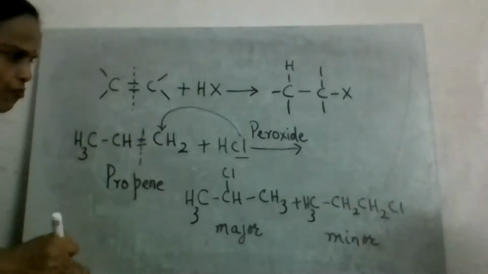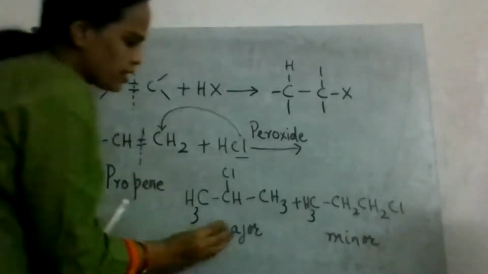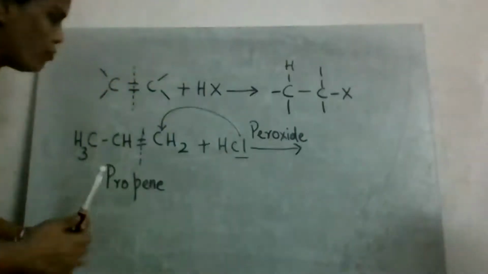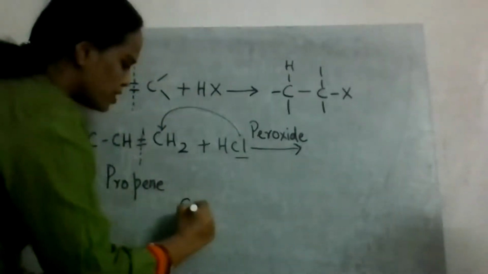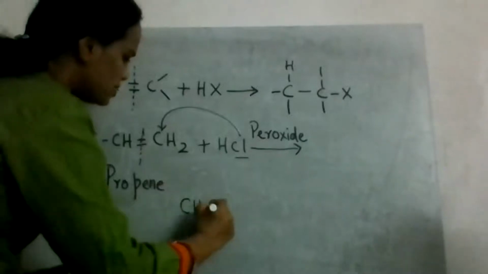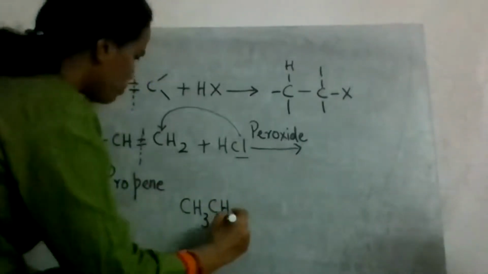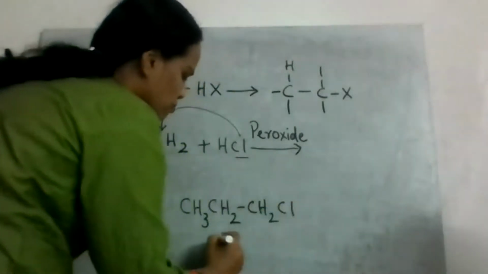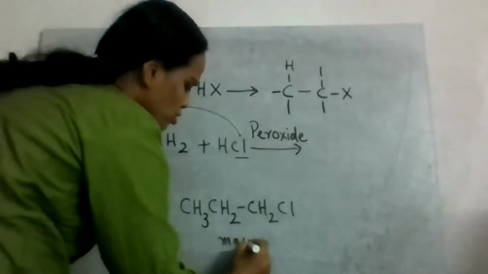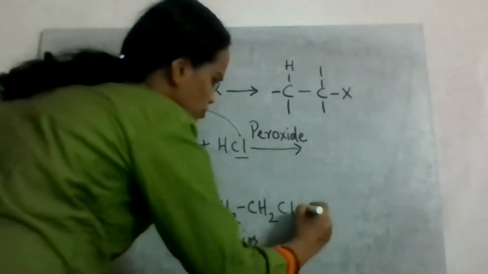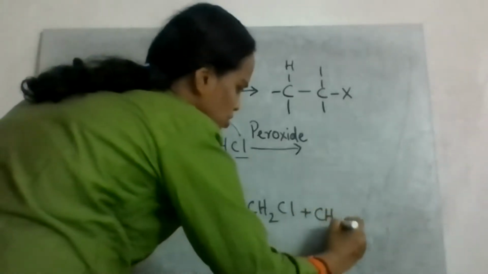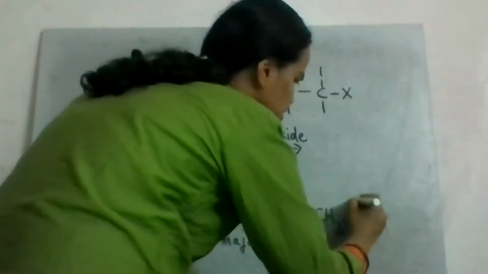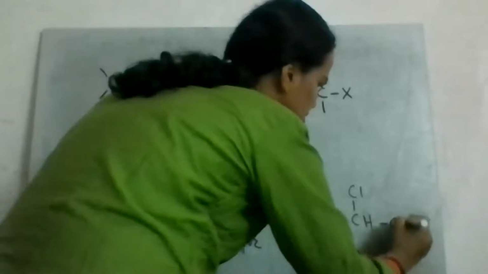So in presence of peroxide, the major product is 1-chloropropane. So this is the product that is formed, CH3, CH2, CH2Cl, when you apply anti-Markovnikov's rule. A minor product will also be formed, but in very less amount, and that compound is 2-chloropropane, CH3, CHCl, CH3.